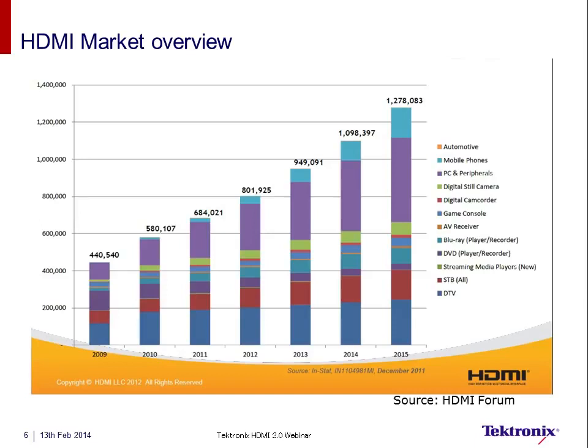We have HDMI make forays big time into the PC industry. That's why you see laptops and desktops with multiple HDMI interfaces available today. The digital camcorder has adapted the HDMI interface, and not to forget the legacy set-top boxes and the traditional high-definition TVs.